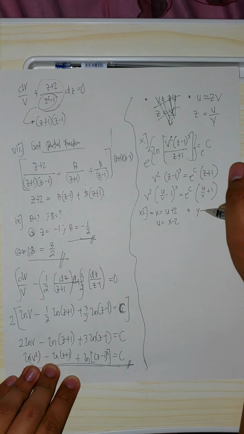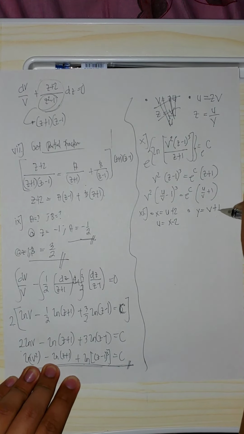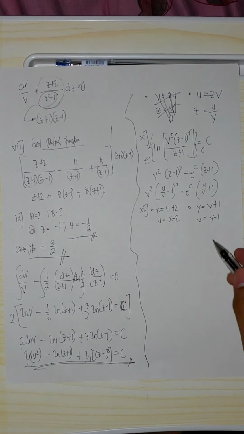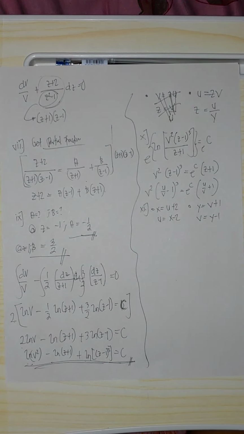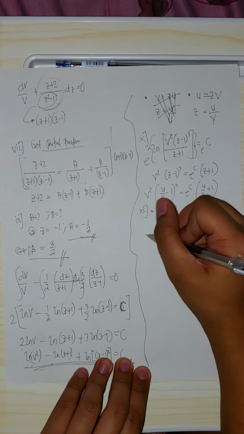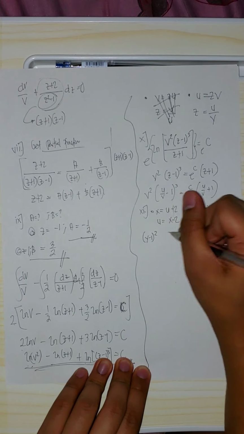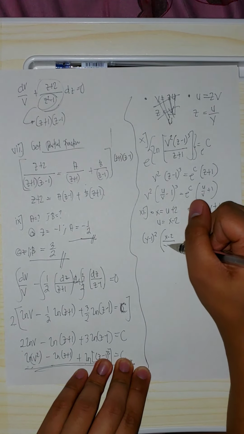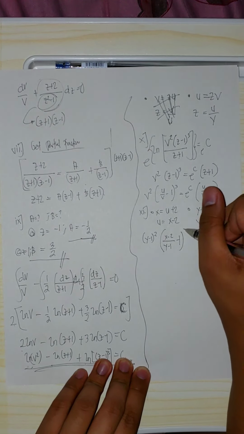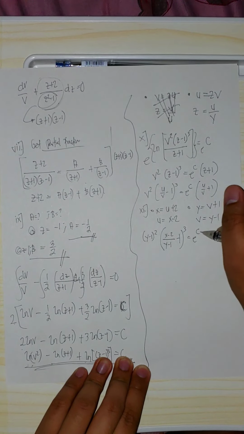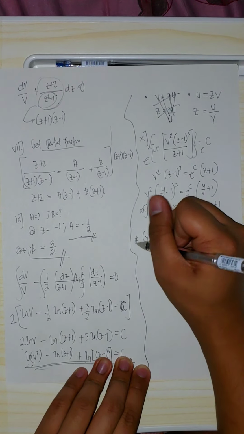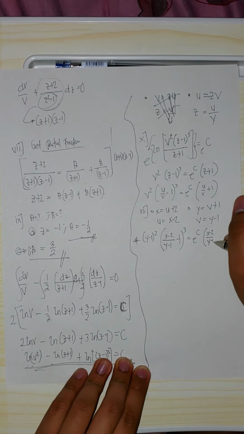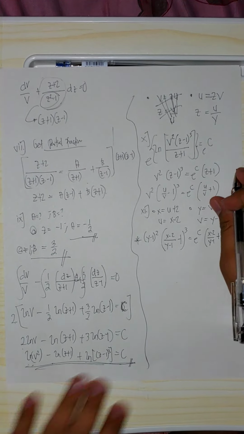We also have y is equal to v plus 1 or v is equal to y minus 1. So we substitute u and v there. We have v squared, that is y minus 1 squared, times u, that is x minus 2 over y minus 1 cube, equal to e to the c times x minus 2 over y minus 1 plus 1.